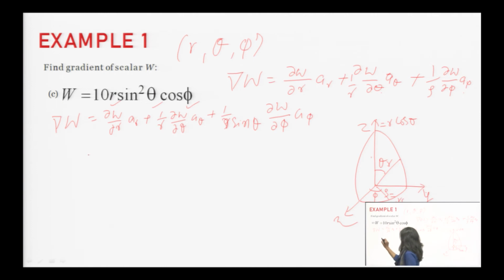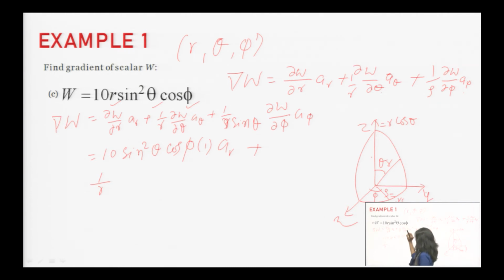Now to evaluate this, we need to differentiate this w term with respect to r. All other quantities will remain as they are, sin square theta cos phi. The differentiation of r will be 1. Then we will write the unit vector ar plus 1 by r will come as it is.